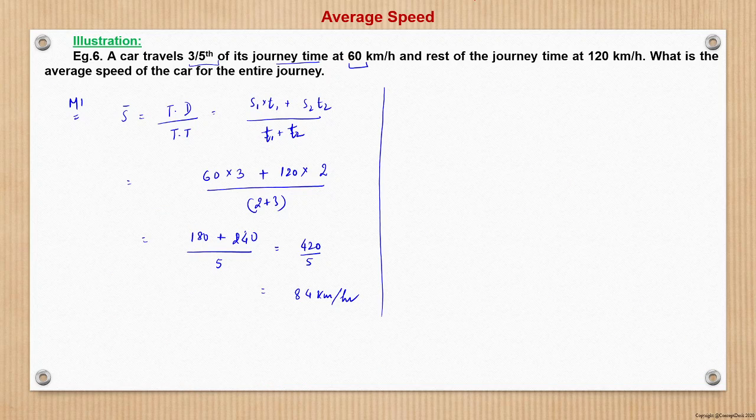Now method 2 using allegation. Or basically we can use the straight line method here. Why? Because average is not given here.